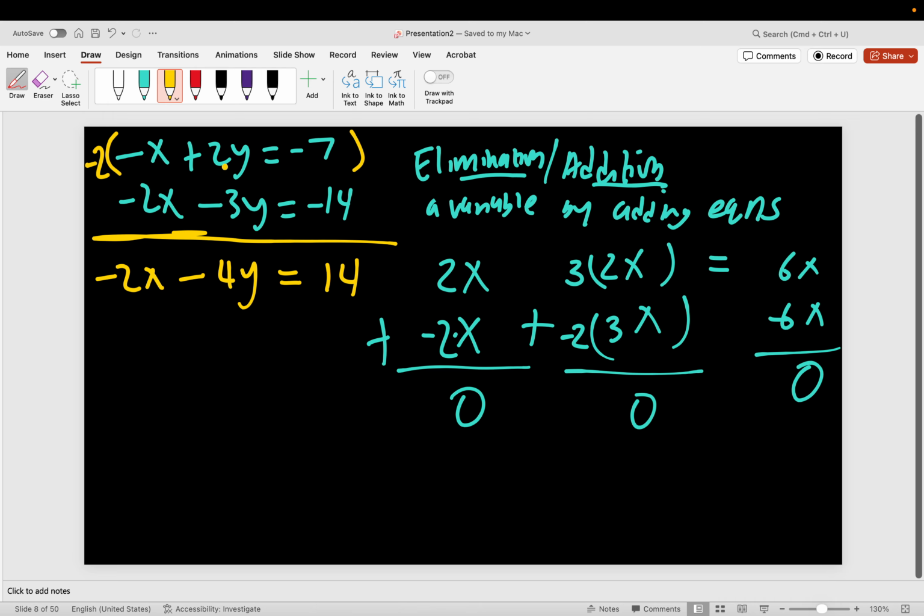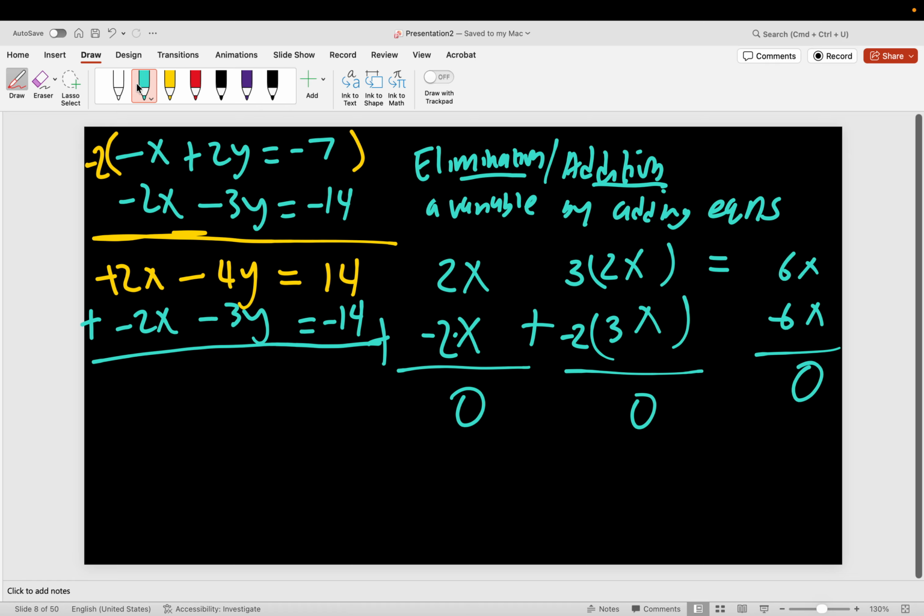Negative 2 times 2y is negative 4y, and negative 2 times negative 7 is positive 14. So let me rewrite this one since I didn't do anything to it. This is going to be negative 2x minus 3y, which is equal to negative 14.